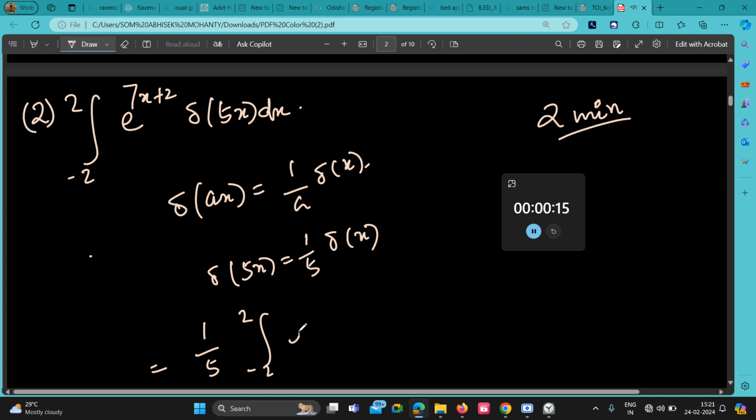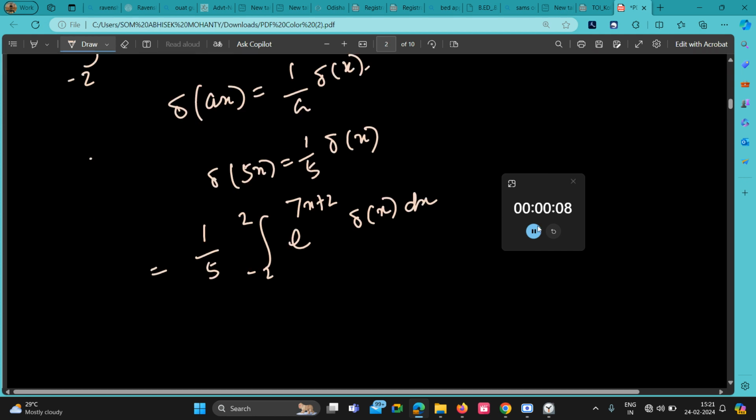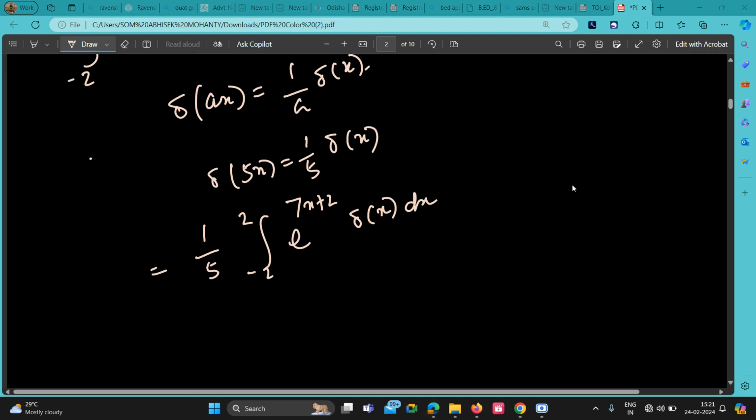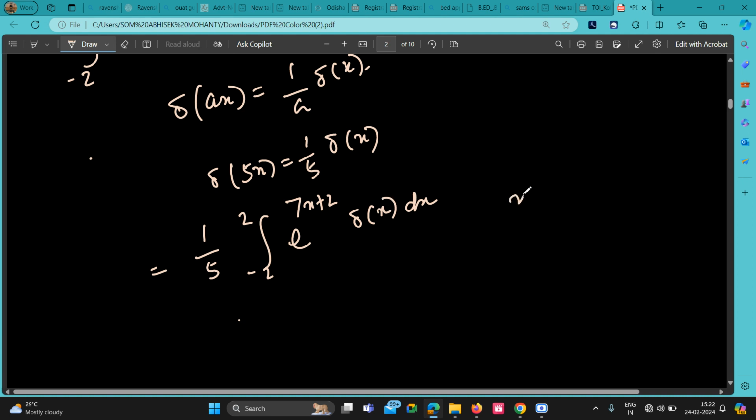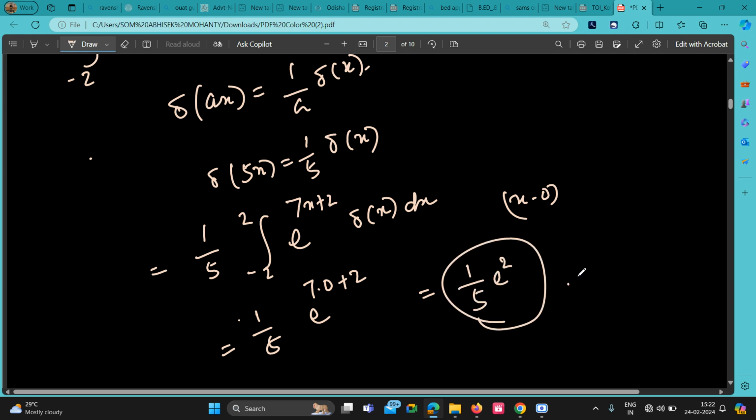Integral from minus 2 to 2 of e to the power 7x plus 2, delta(x) dx. Now what? See, this is x minus 0, isn't it? So 0 is between minus 2 and 2. So I can put it directly here. So 1 by 5 e to the power 7 into 0 plus 2, that is 1 by 5 e to the power 2. Okay. Next question.